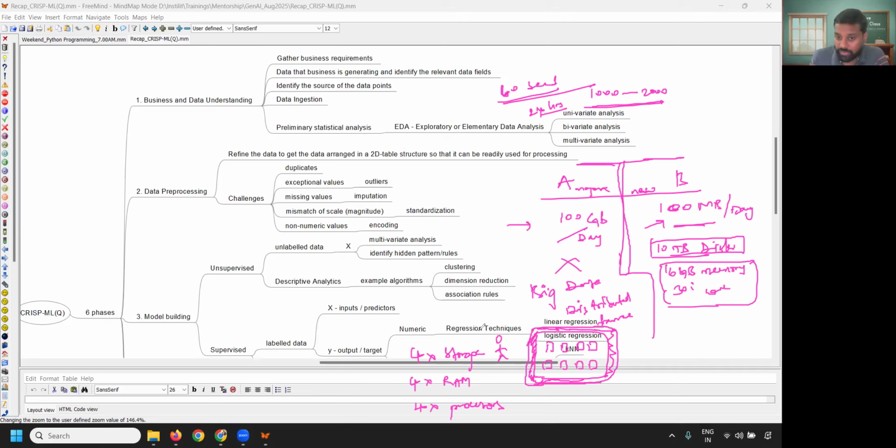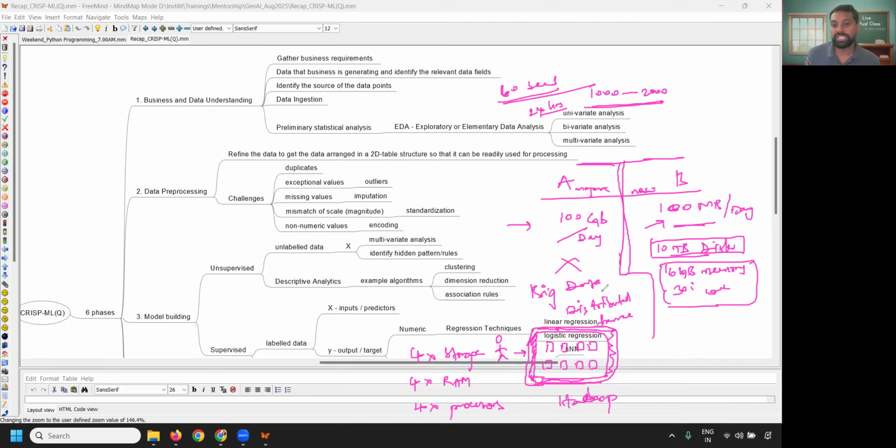This virtual system, which basically has the capacity of multiple nodes, will have a software called Hadoop. I'm not sure if you have heard about Hadoop. If you have not heard about it, that's an operating system which basically runs on this distributed environment on a cluster. All right, and it is open source.